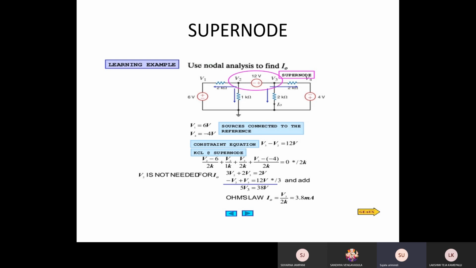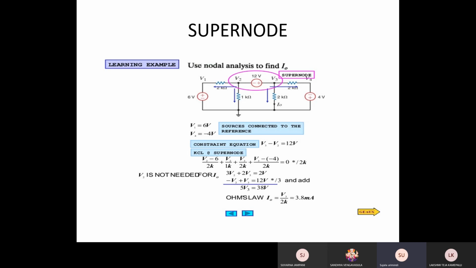So V1 minus 6 by 2, plus V2 by 1, plus V3 by 2, plus V3 plus 4 by 2. This complete will be equation 1. For that we have to take V1 minus V2 is equal to 12 volts. This is one equation. Then you have to substitute all the equations. Then you get the voltages and the currents.